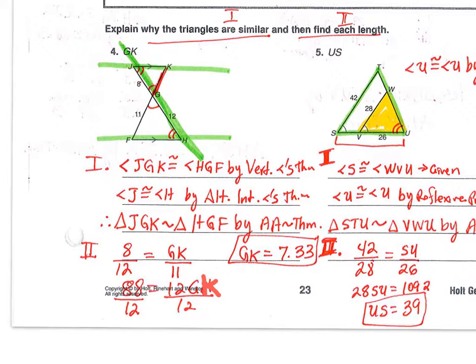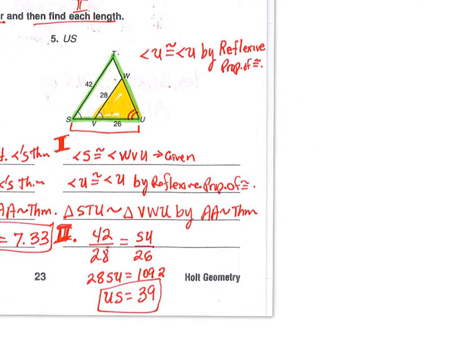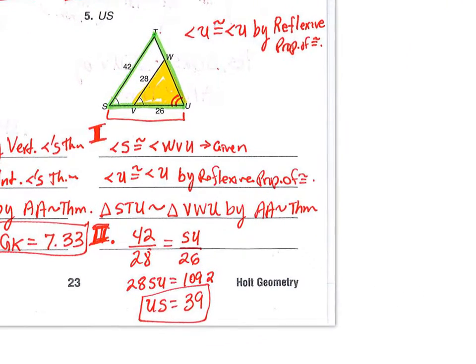So now in example number 5, what we need to do is prove that those two triangles are similar. I highlighted the two triangles so you could see the two triangles that we're talking about. The first triangle is the big triangle, STU, and the second triangle is VWU. Notice that they're giving us one angle. Angle S is congruent to angle, I cannot say V because there are 4 angles at V. So I cannot say just V. Be careful with that.